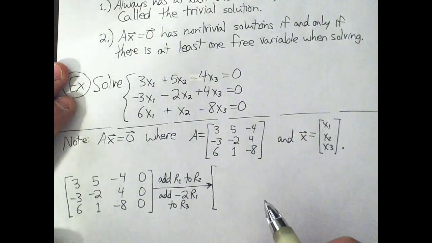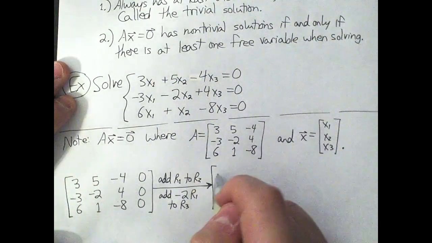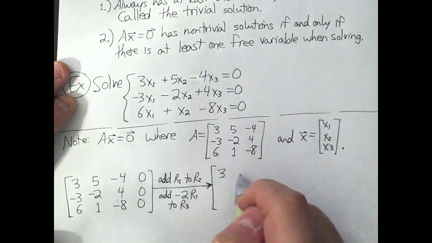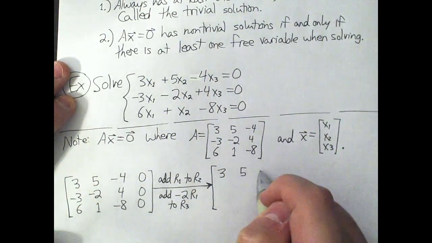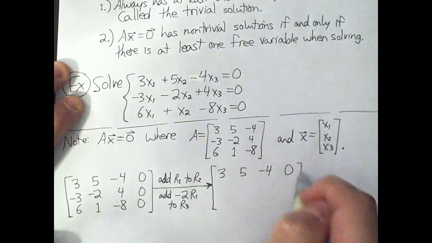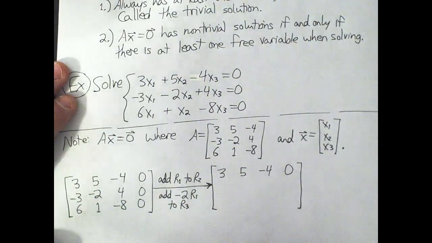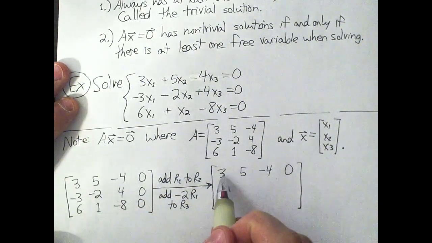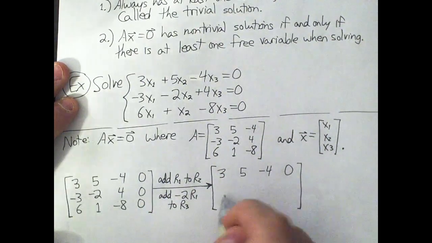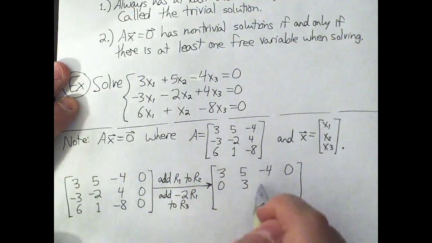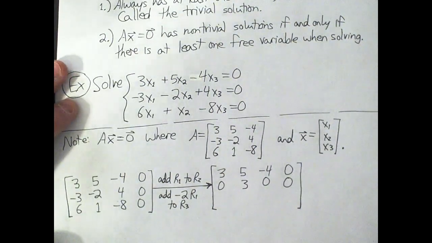There's no reason I can't do them at the same time. Let's copy row 1 because row 1's not changing. Now we're going to change row 2. When I add R1 to it, the 3 plus negative 3 is going to get me a 0 here, and then the rest of it winds up looking like this.